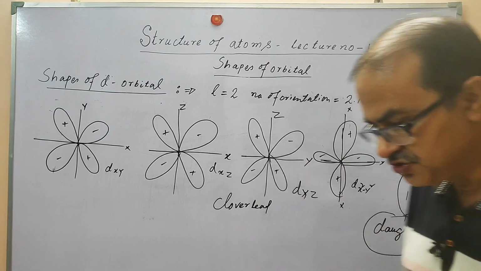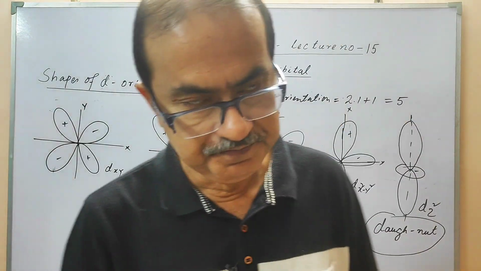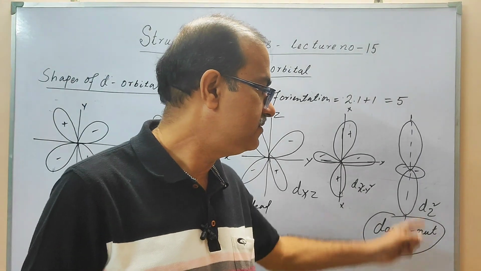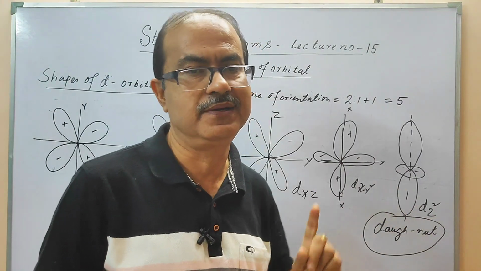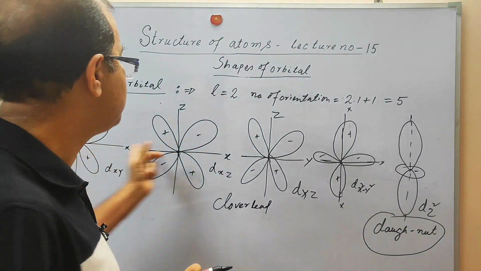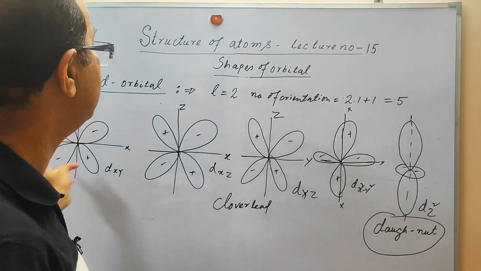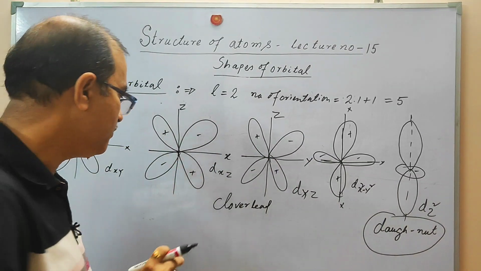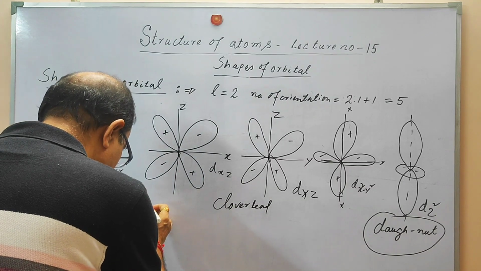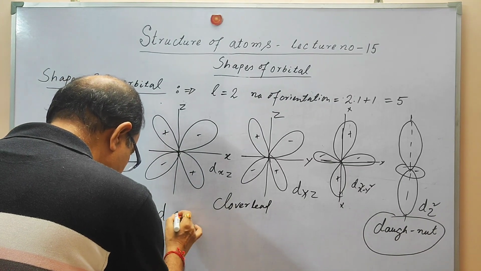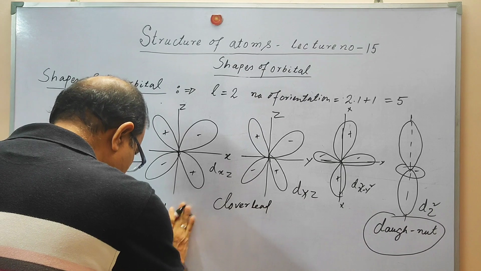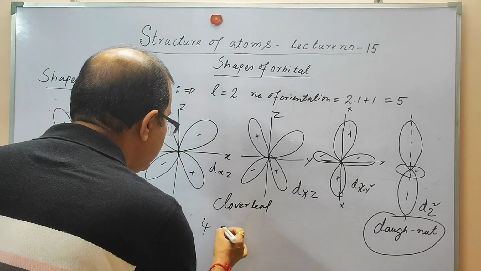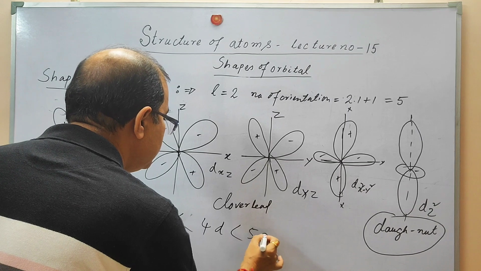You can see these orbitals have the same energy but the shape is different for the donut orbital. So you can see the surface boundary diagram of all these 5 d orbitals, and in the same way the size of 3d is less than 4d, then 5d.